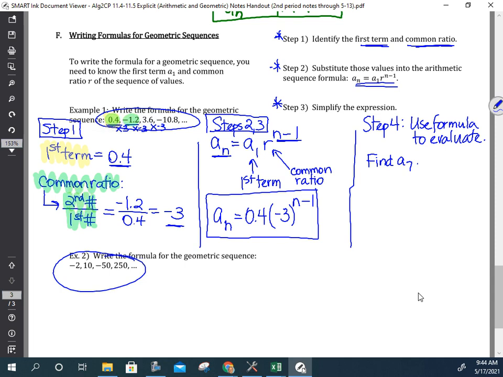That means take your formula, I'll write it correctly, and take the number 7 and plug it in.